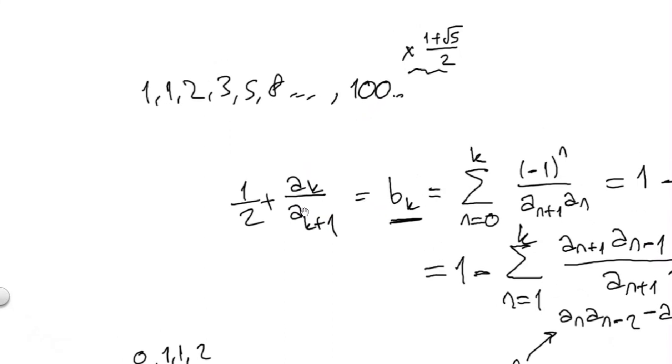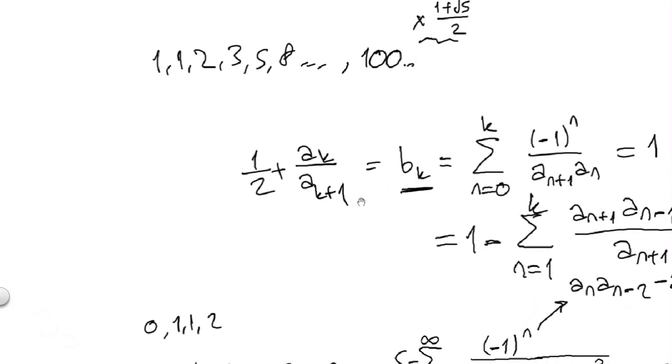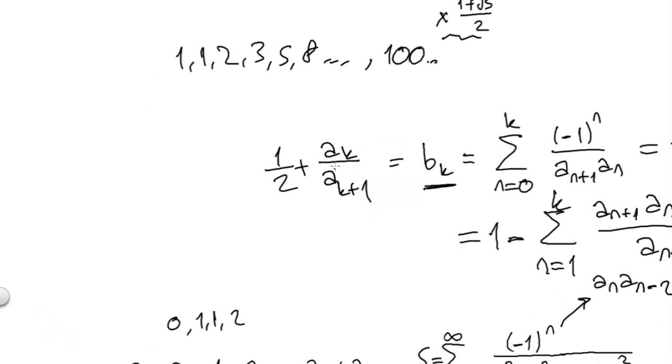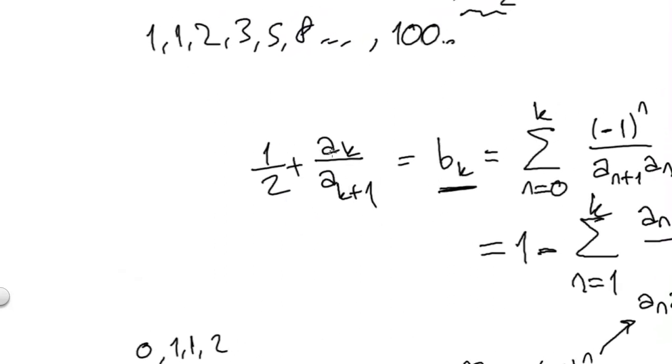Actually, I will also show this for you, but first I will just take this limit, and then I will show that this limit is equal to this. So this thing is just less than that, so this will be just 1 over 5. So if I do this, b_k will just converge, as k goes to infinity, to 1 over 2, which is just a number, plus this thing.